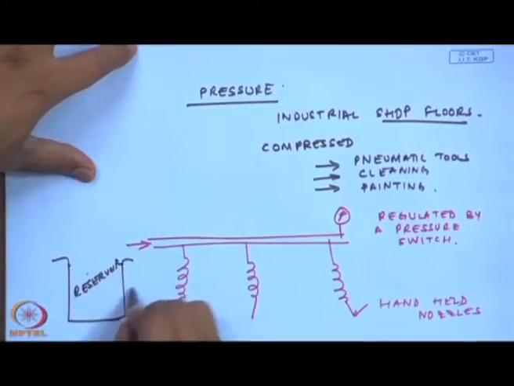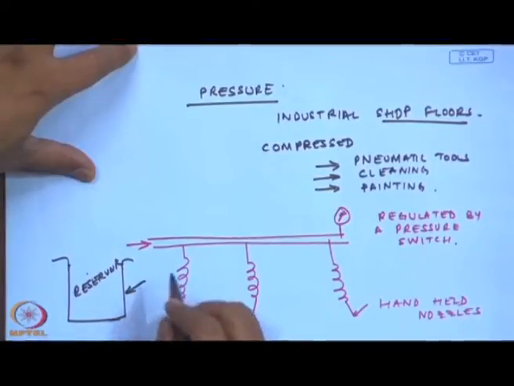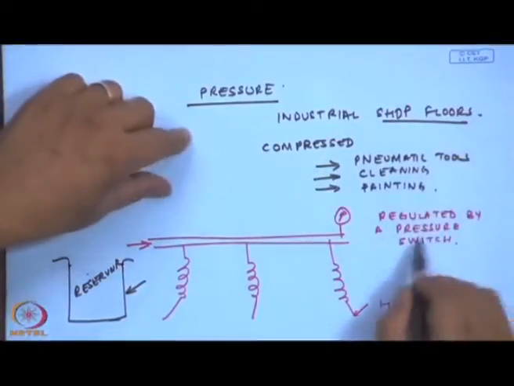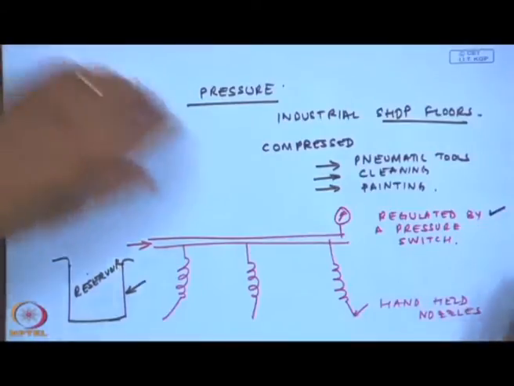And of course, these are designed for a particular pressure. So, as a precaution, these compressed air cylinders or reservoirs should not be able to store pressures higher than they are designed for, and that is why this pressure regulator switch is very important.